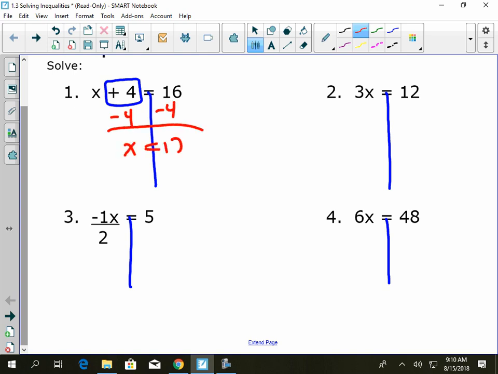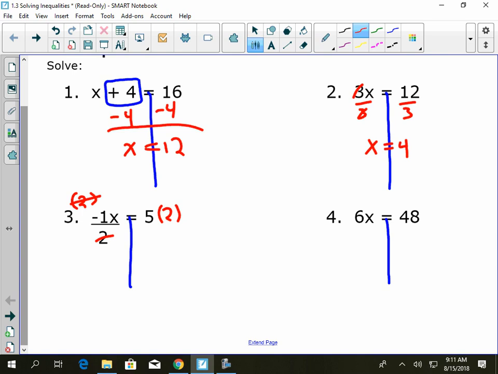I'm going to subtract 4. X equals 12. Number 2, I'm going to divide by 3. X equals 4. Number 3 is the tricky one. This is a fraction. How do you get rid of a fraction? Multiply by the bottom number. Now, if you learn something different, that's fine.